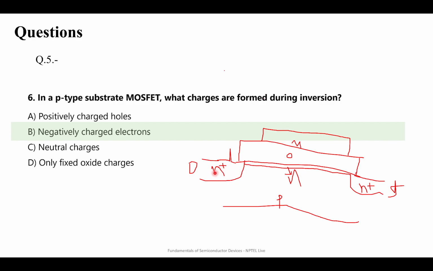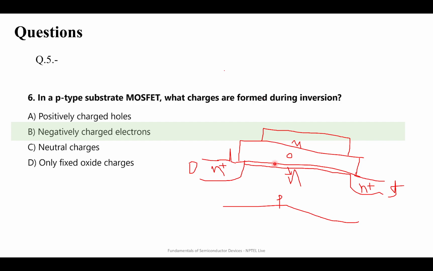No, a huge number of carriers are available here, but not here in the channel. In the channel, the number of carriers is fixed. Your current is channel dependent. Your current is dependent on your electron density.